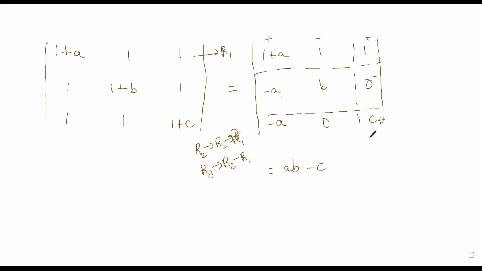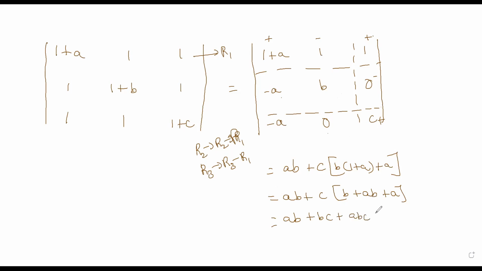C into 1 plus A times B, times A plus B. B into 1 plus A. And now minus A into 1 is minus A, minus of minus is again plus, so plus A. And now AB plus I get C into B plus B, B into A is AB plus A. So I have AB, C into B is BC, plus C into AB is ABC, plus AC.